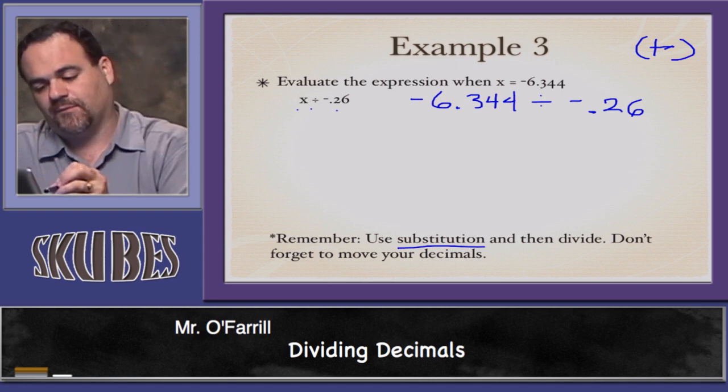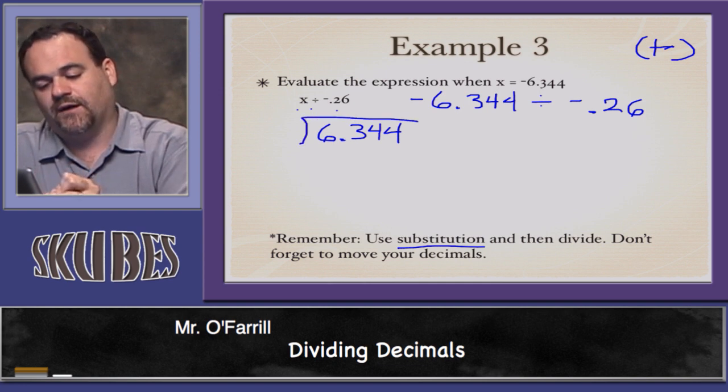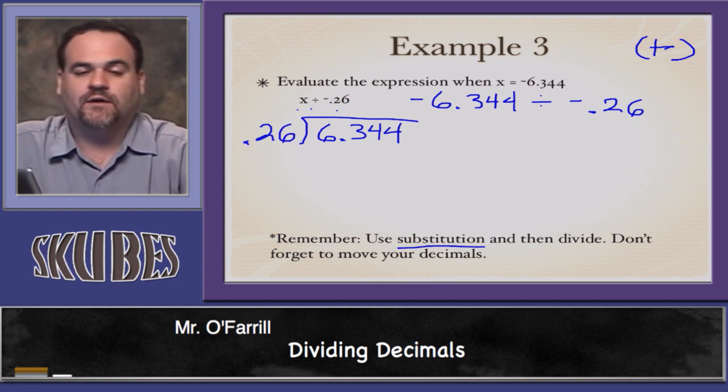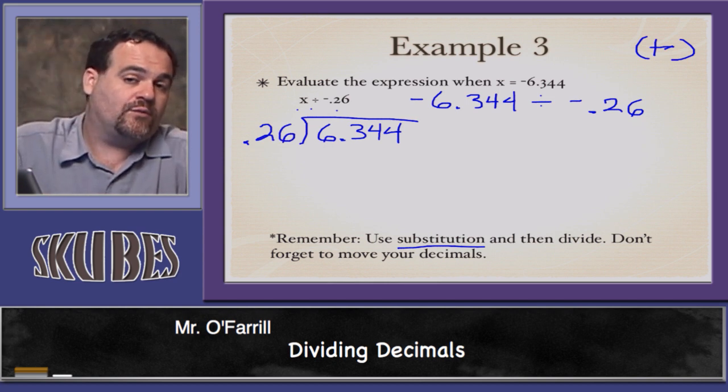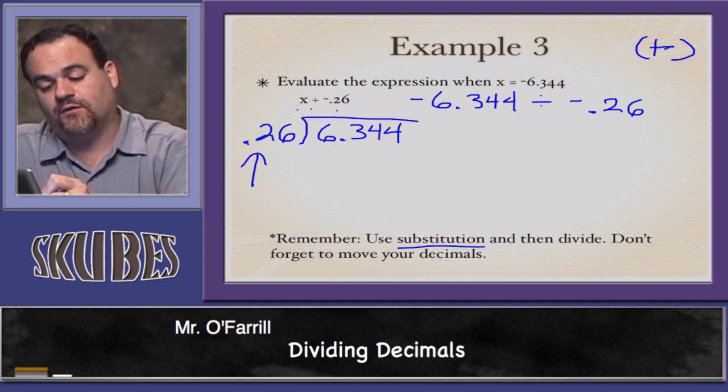So let's set up our division problem. We're doing 6.344 divided by 0.26. Now, just like on our last problem, we cannot have a decimal out here. They're okay inside here, but you can't have them out here.